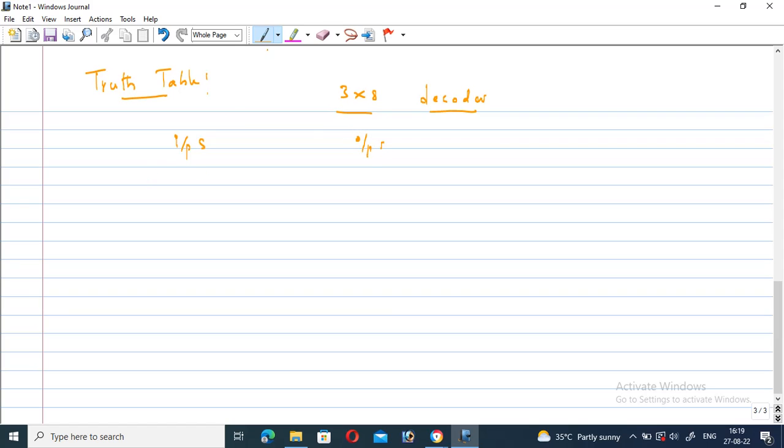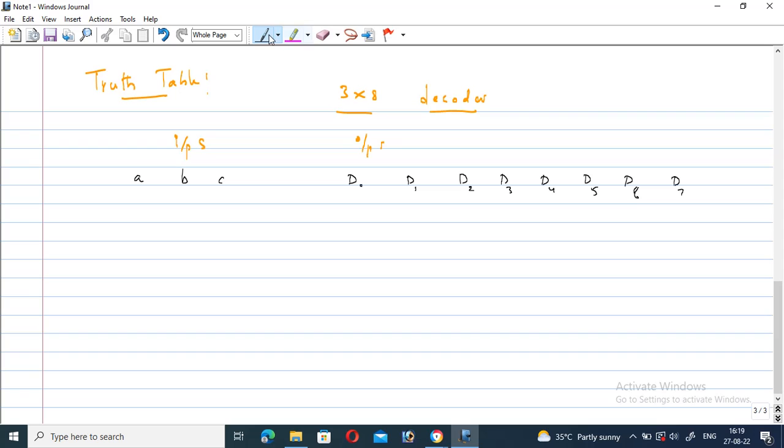Inputs can be treated as A, B, C. Outputs can be treated as D0, D1, D2, D3, D4, D5, D6, D7.